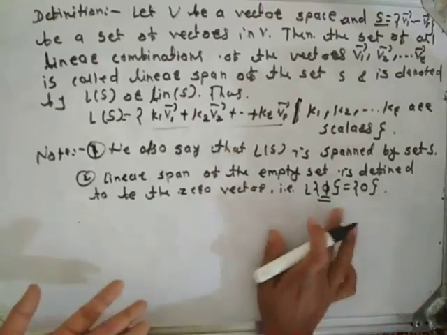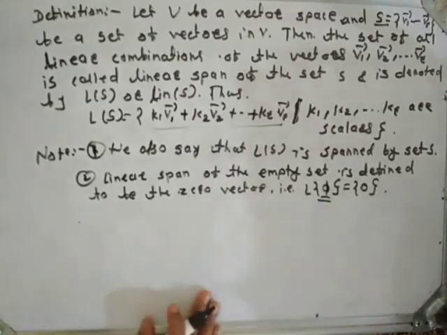So that's why linear span of phi is singleton 0.